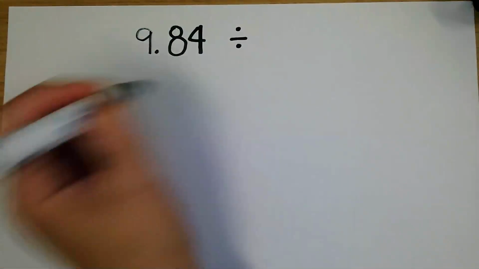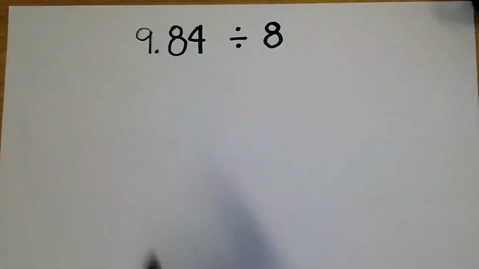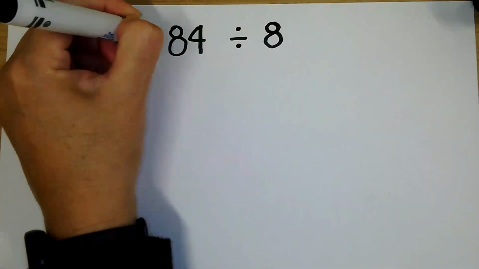Google Slides, and it says 9 wholes and 84 hundredths by 8. This is what we need to do with these numbers.